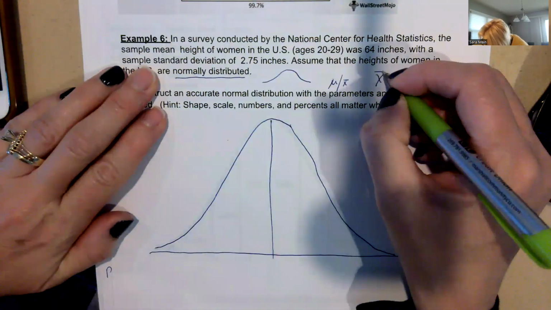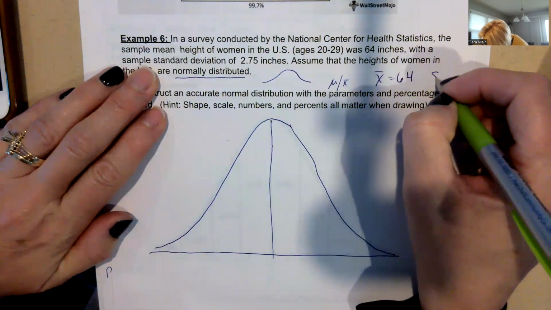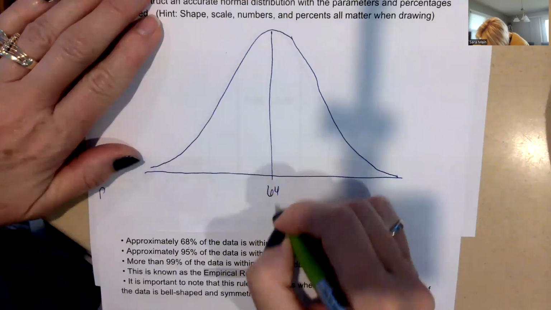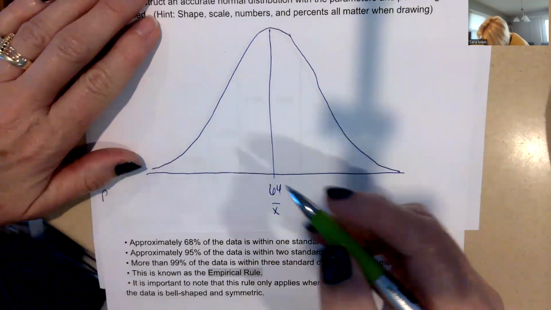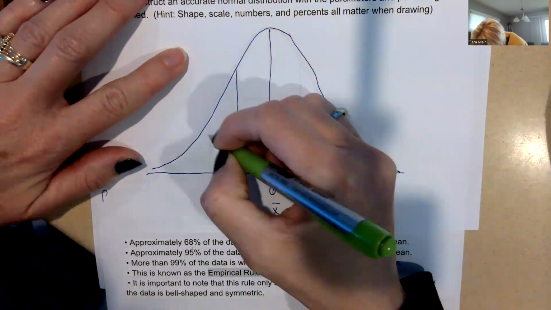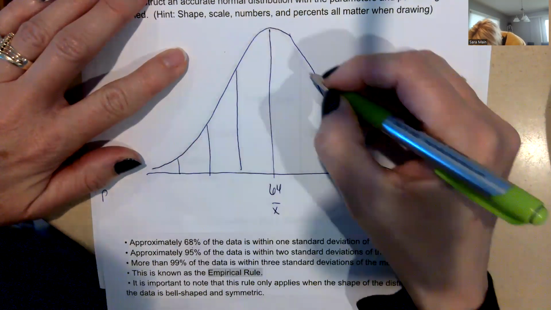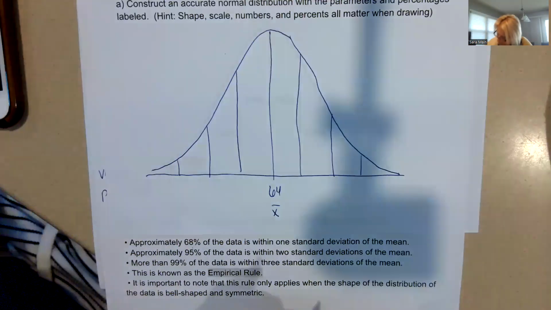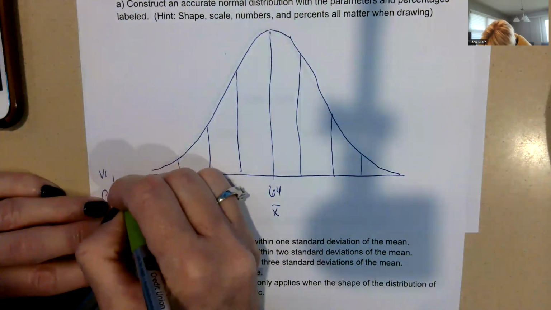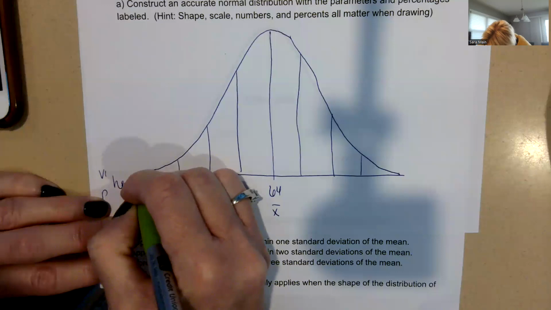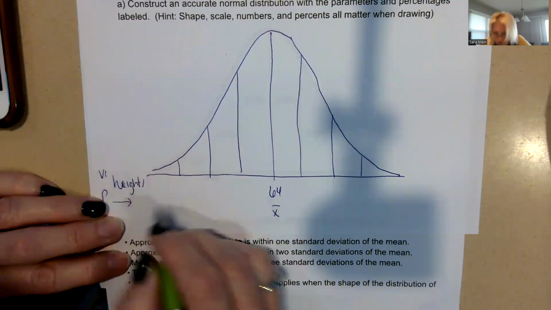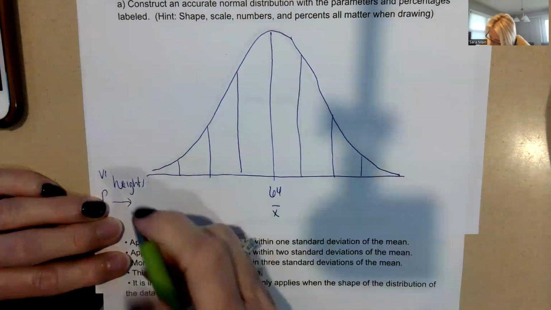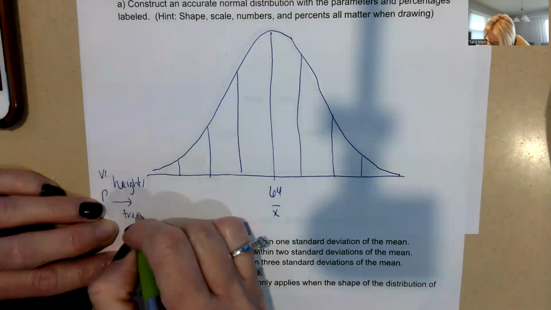So the sample mean was 64 inches and the sample standard deviation was 2.75. That sample mean is going to go down here at the center. And then we're going to have approximate bars here for our percentages. The heights are going to go along here, from smallest to largest, because it's going to be treated like a number line.